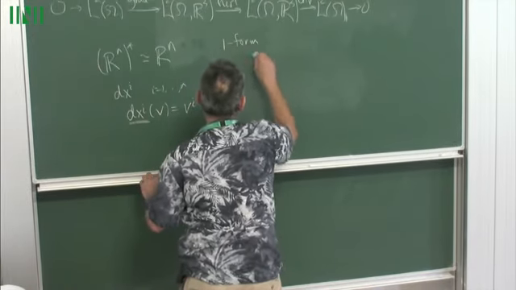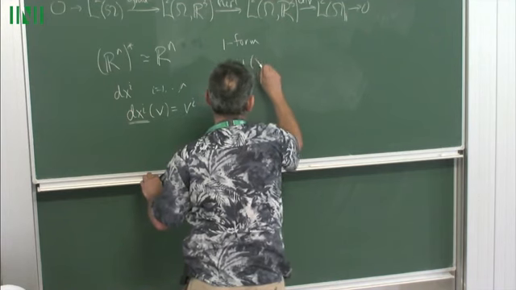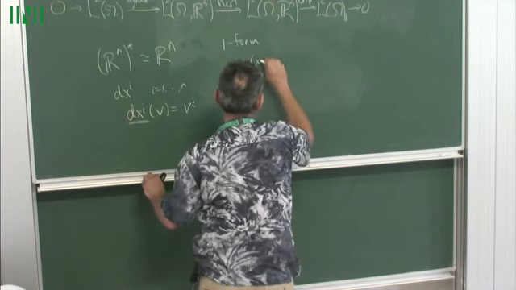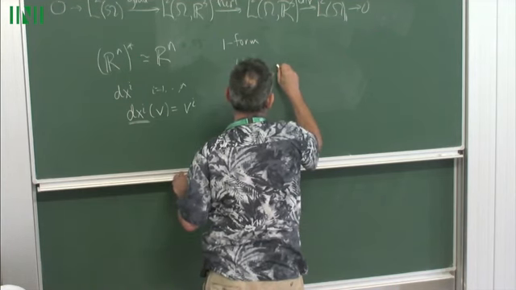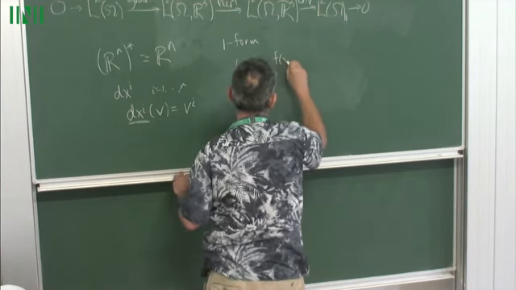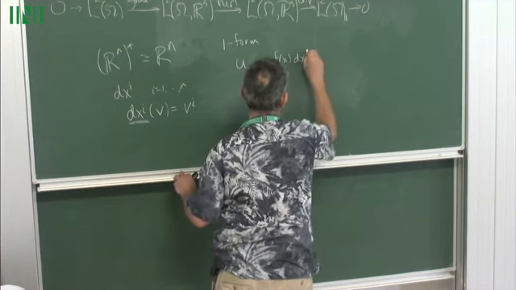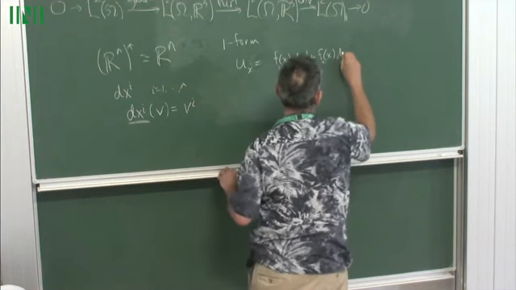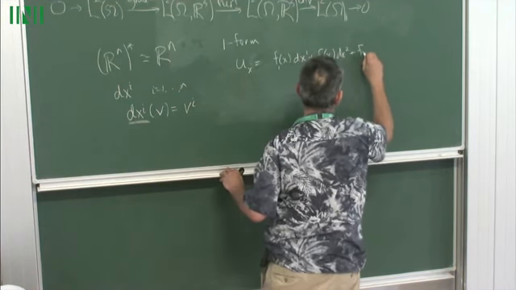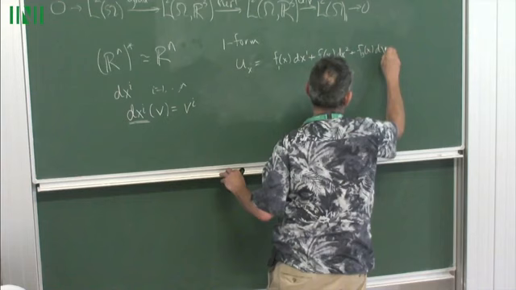That means a one form u is just a function at any point x, it's some value that depends on x times dx1 plus some value that depends on x times dx2 and some value that depends on x times dx3.